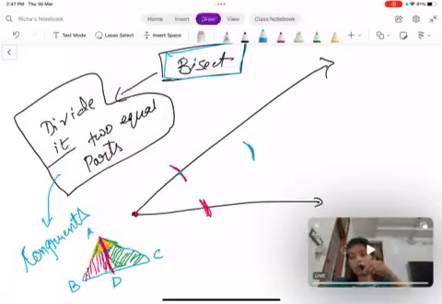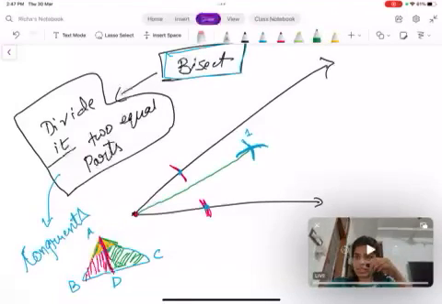So again with this as center, I'll mark an arc here. This is arc 1, and with this as center, I'll mark another arc here. And at last I'm going to join this. Then I will say that now I have bisected the angle. This angle and this angle are equal.